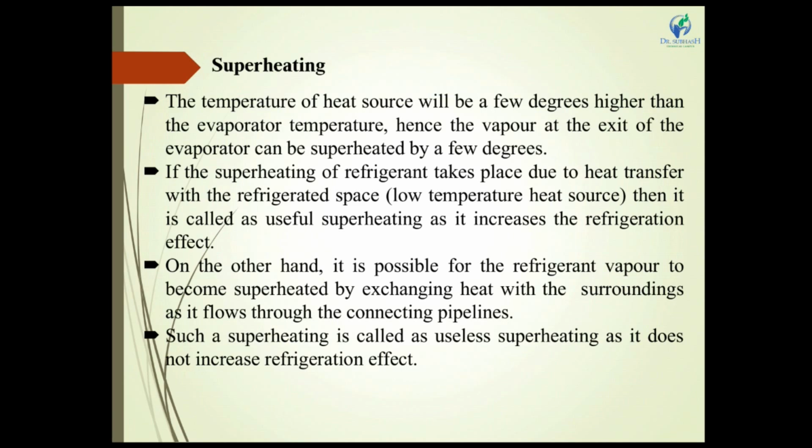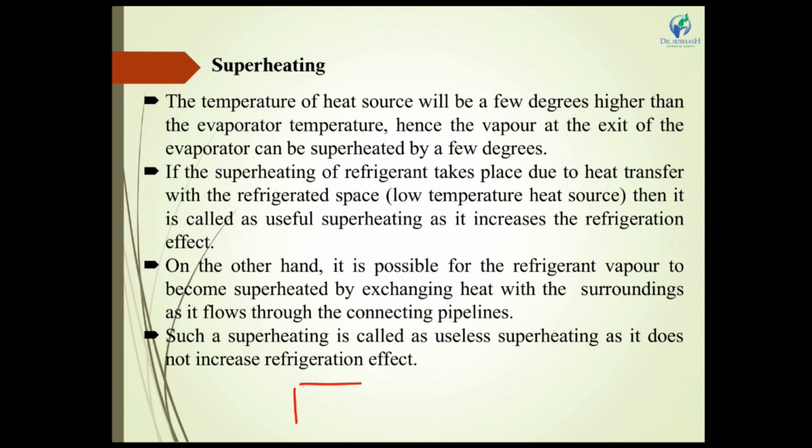The temperature of the heat source will be a few degrees higher than the evaporator temperature. Hence, the vapor at the exit of the evaporator can be superheated by a few degrees.